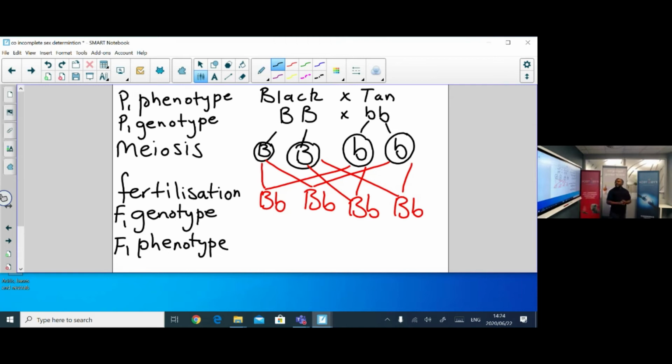Who can tell me the phenotype in a codominant scenario? They do possess both black and which color is much more close to tan?